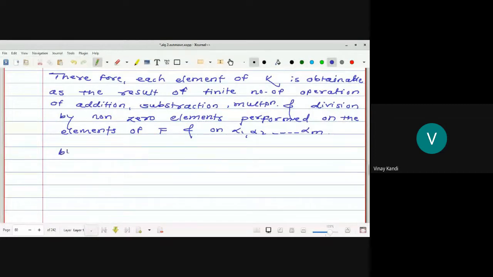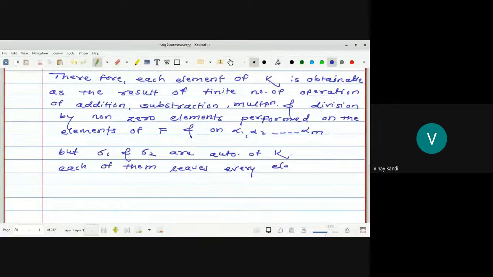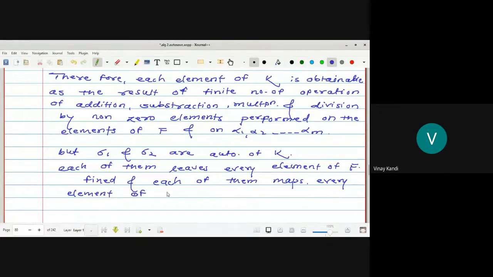But sigma 1 and sigma 2 are automorphisms of K. Each of them leaves every element of F fixed, and each of them maps every element of S, which is alpha 1, alpha 2, up to alpha m, identically.